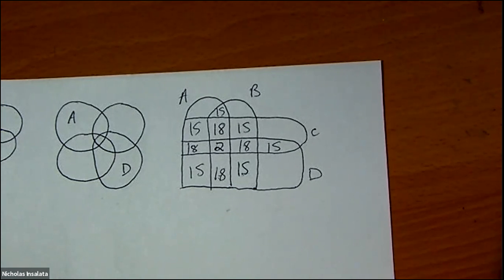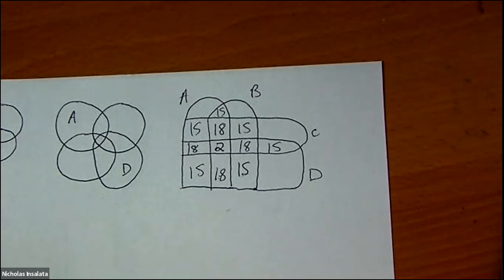Because obviously we can't have a negative number in here. What happened? Any ideas?